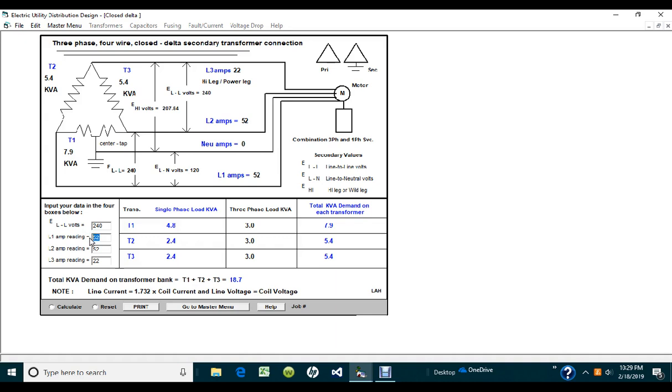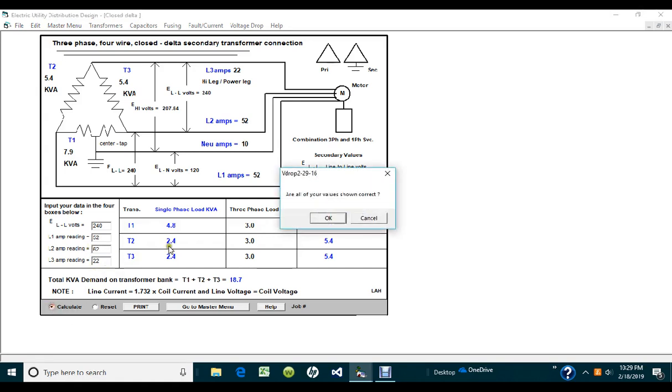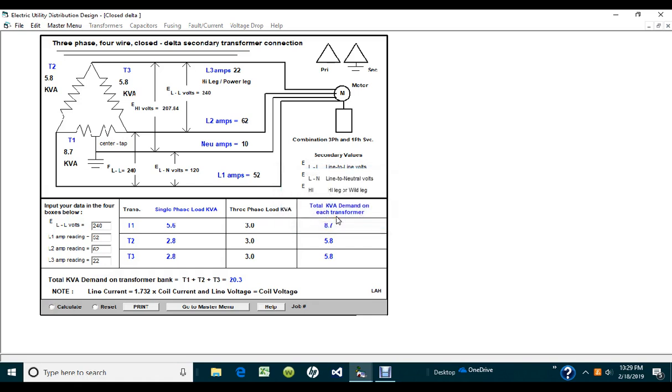So let's leave it at 52, and then instead of having 22 with 30, let's say 22 with 40, so that'll come up to 62. And let's see what happens here. Okay, so now the loads have been redistributed again over the transformer bank.